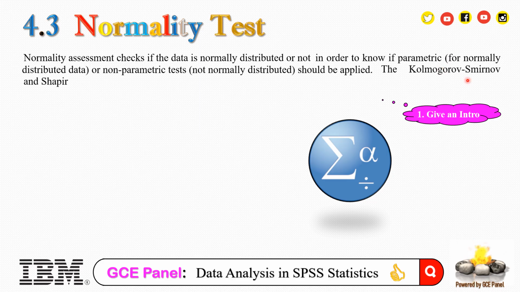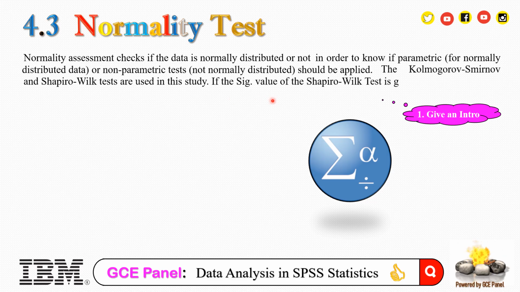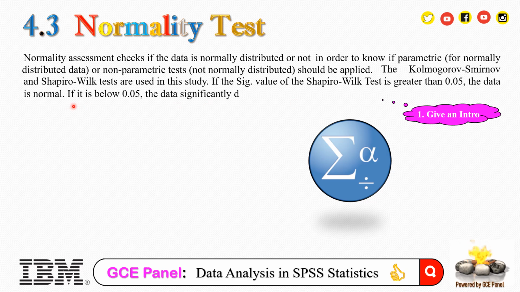The Kolmogorov-Smirnov and Shapiro-Wilk tests are used in this study. If the significance value of the Shapiro-Wilk test is greater than 0.05, that means you're using 95%, the data is normally distributed. If it is below 0.05, then the data significantly deviates from a normal distribution, which means that if this value is less than 0.05, it is not normal. If it is greater, it is normal.